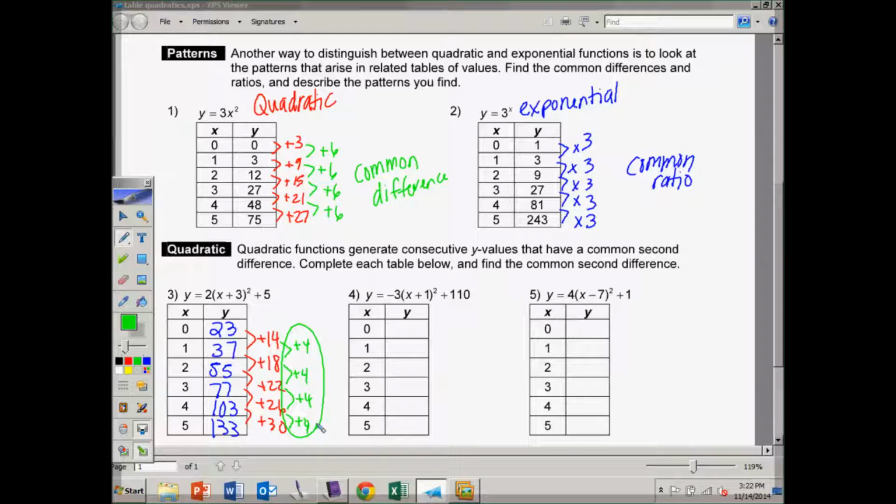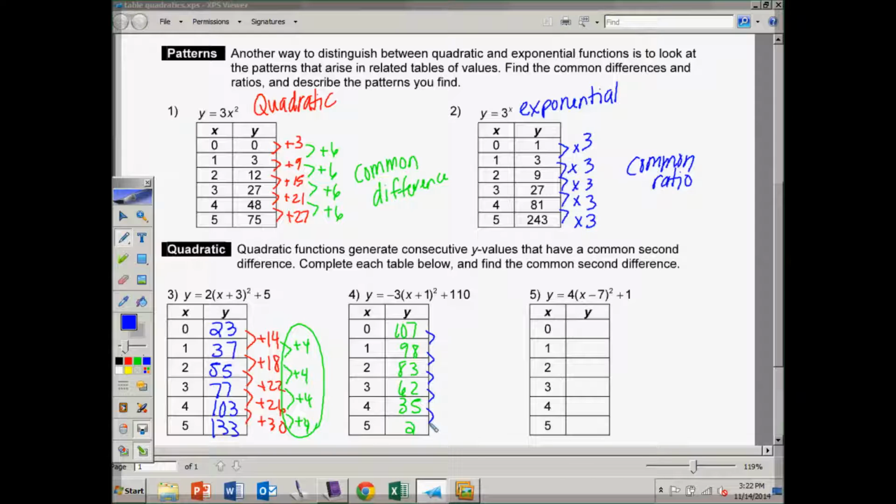All right, what's 0? 107. 1, 98. 2, 83. 3, 62. 4, 35. And 5, 2. All right. How'd I get from 107 to 98?